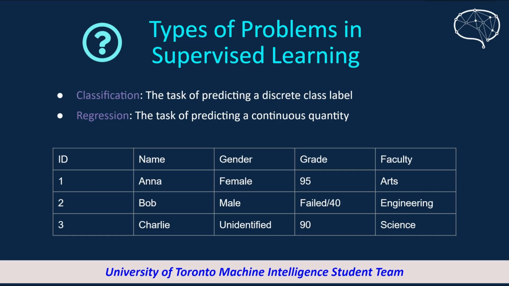But for grades, it must be a numeric number. Although here there's a failed grade and it is not an actual number, we could give it one, for example, like 40. Then we could use this grade as our label in order to do a regression problem, because all of the numbers here are continuous quantity.